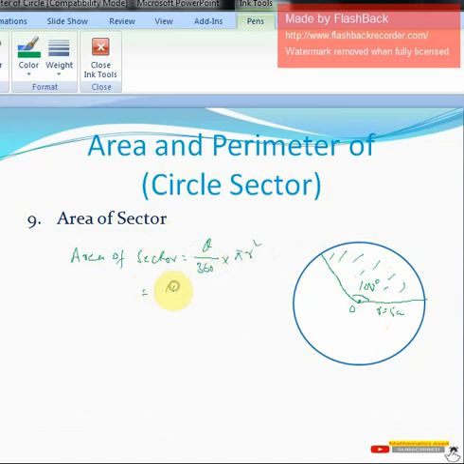So theta is 100 divided by 360, multiplied by pi, which is 3.142, multiplied by r, which is 5 squared. So when we solve this, we will find the area of this sector.